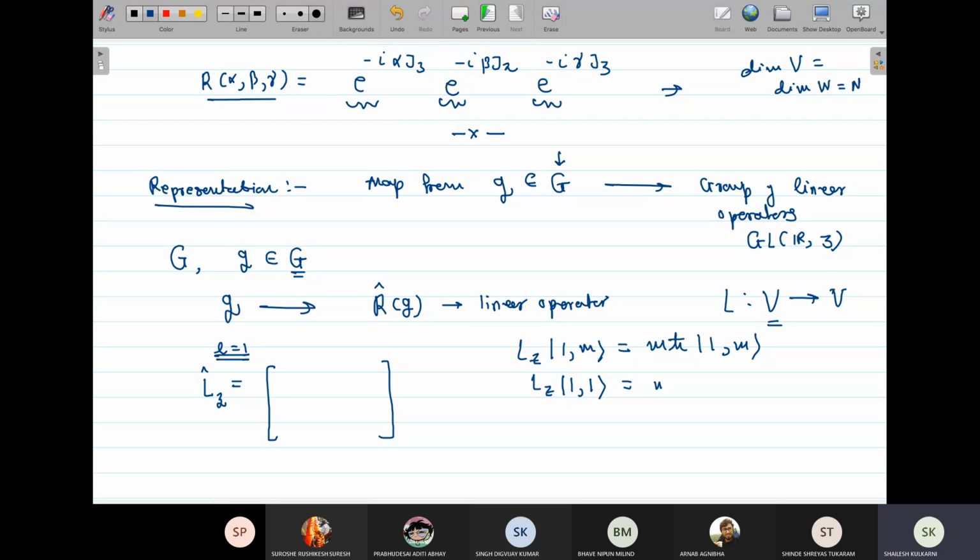So you will get this one, then this one, and then this one. Now what is the matrix then? It is diagonal, with entries 1, 0, minus 1, and the rest of the entries will be 0.